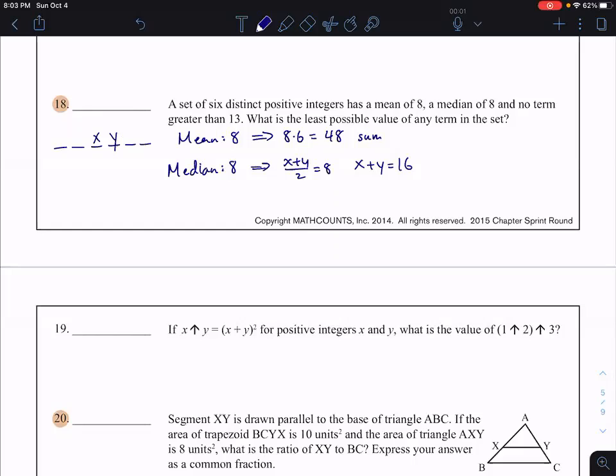So that means that for the rest of the 4 terms, the first 2 and last 2, their sum will be 48 minus 16, which is 32.